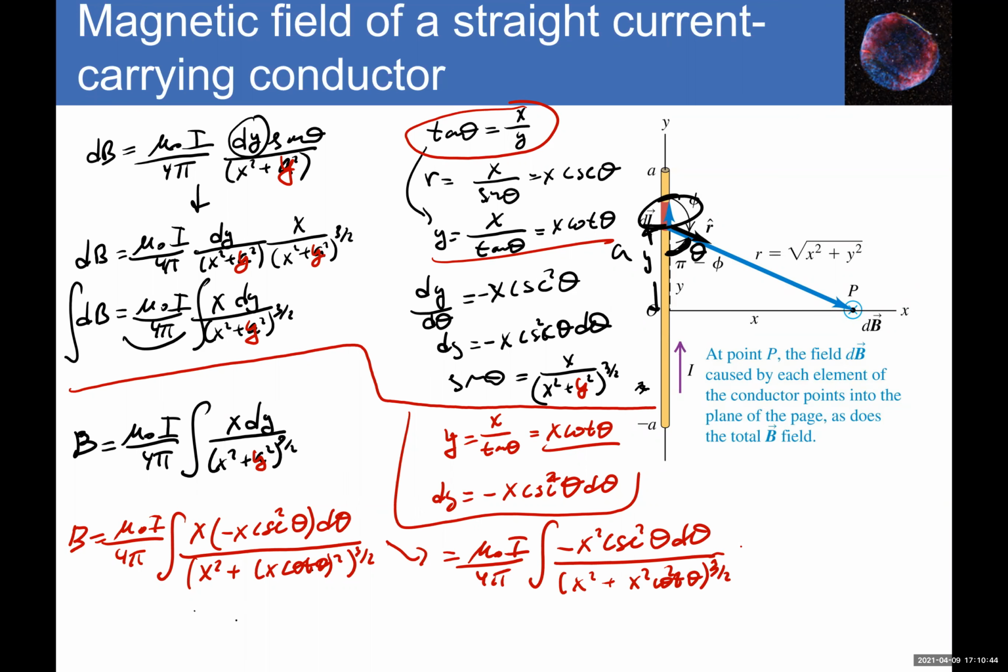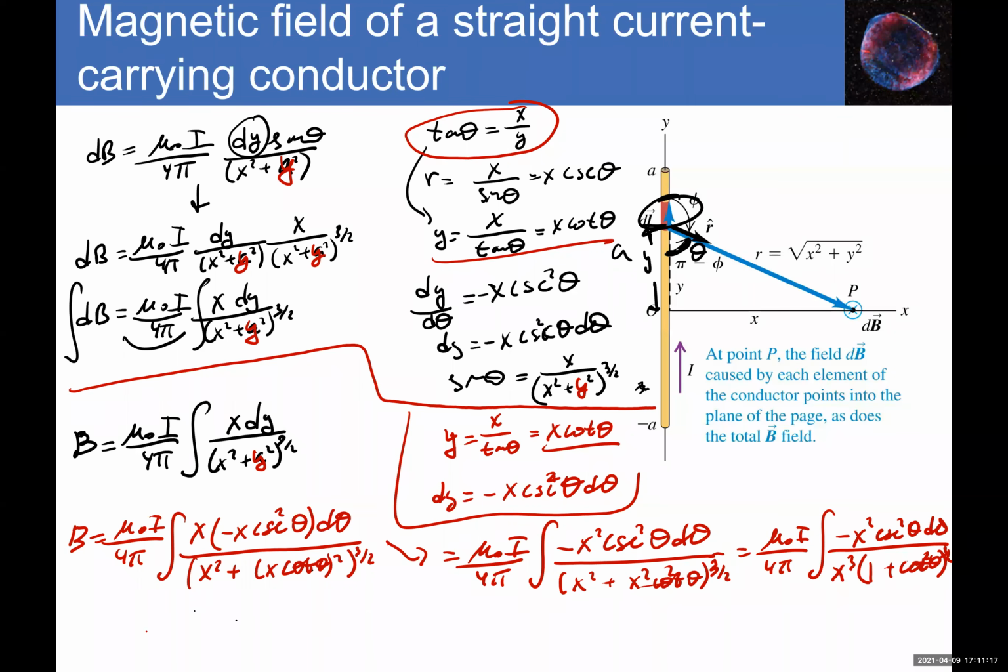which I can simplify into negative x squared cosecant squared theta d theta. So here the x squared I can factor out and take out of the parentheses. Because it's x squared to the 3/2, this becomes x cubed, then 1 plus cotangent squared theta to the 3/2.